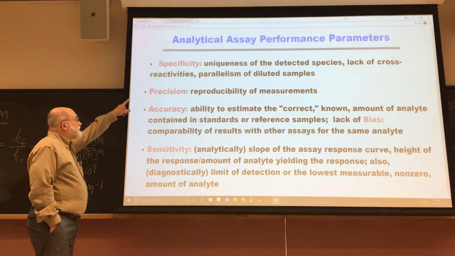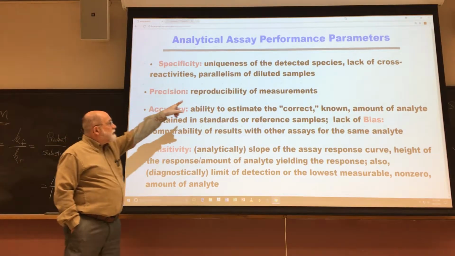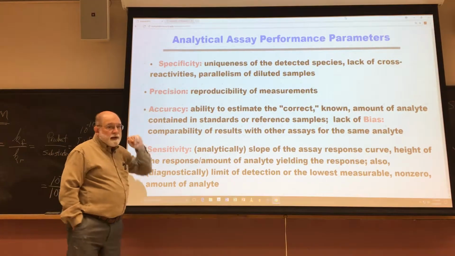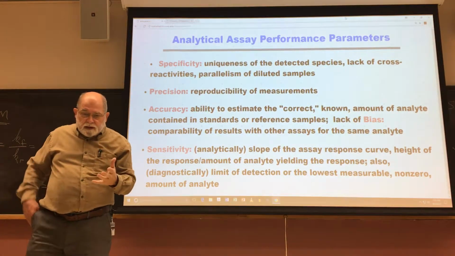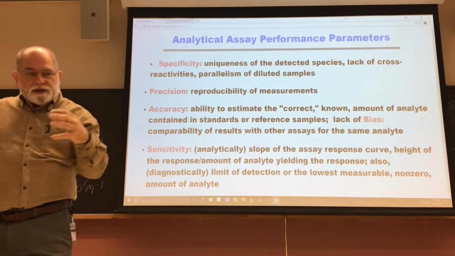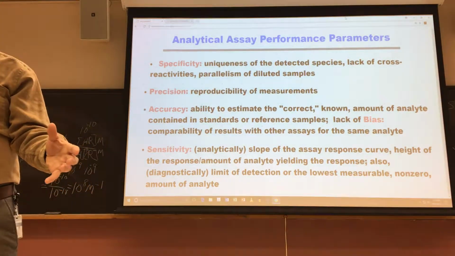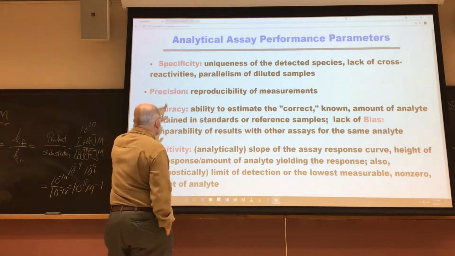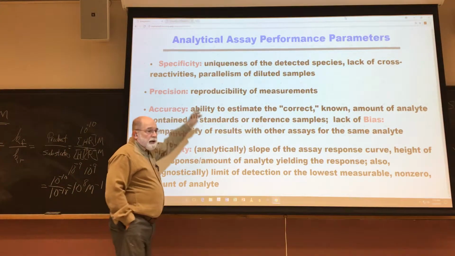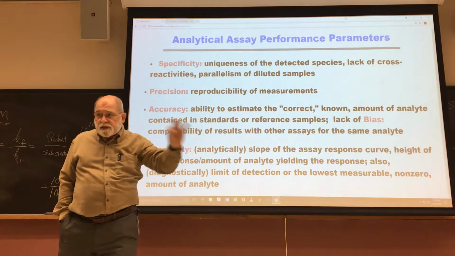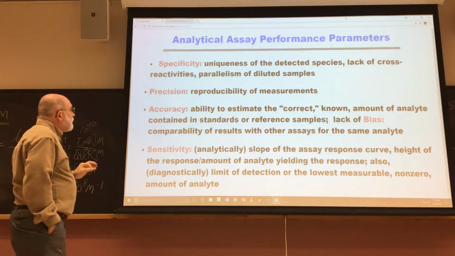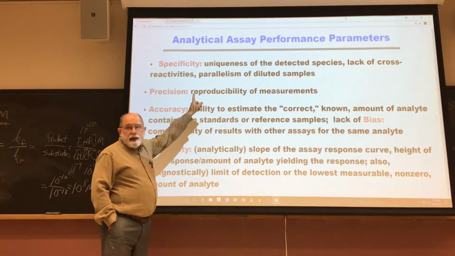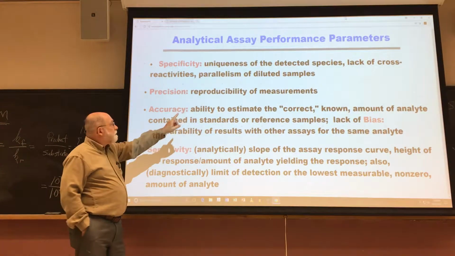One is specificity, and that's the uniqueness of the detected species, the lack of cross-reactivity. That means there's not a metabolite or denatured molecule or a stereoisomer that can interact with your binding agent or your detector, so that what you're measuring is actually what you want to measure.